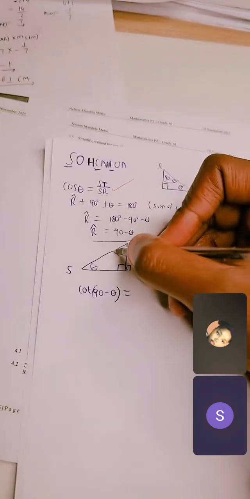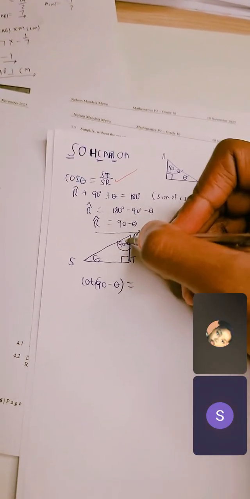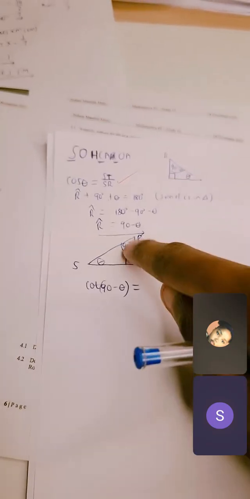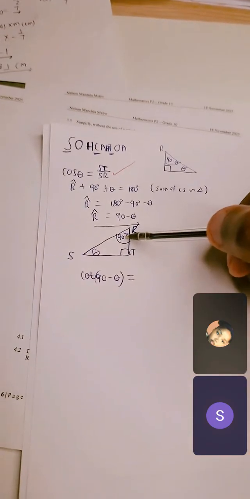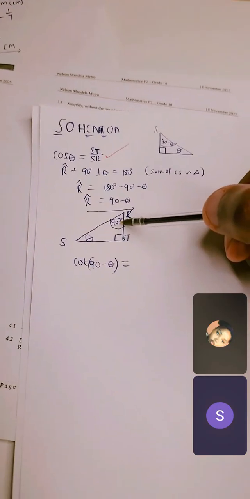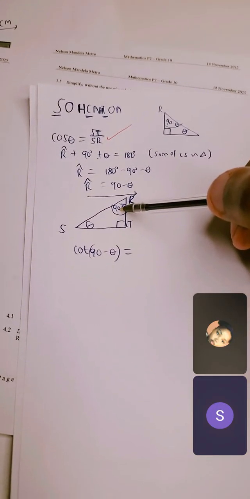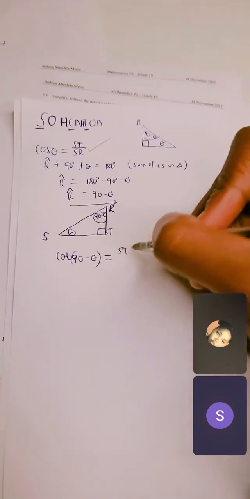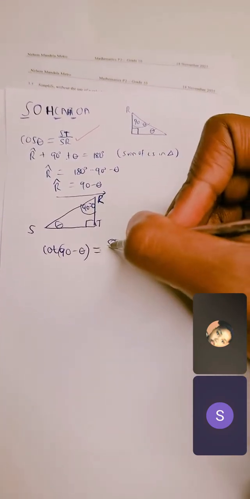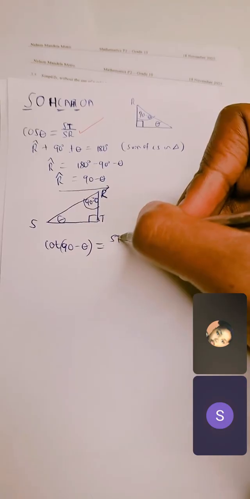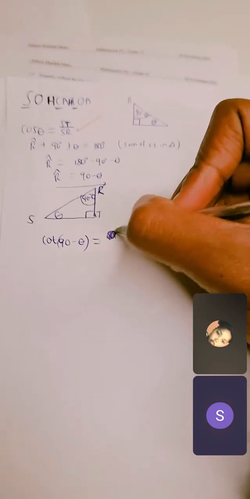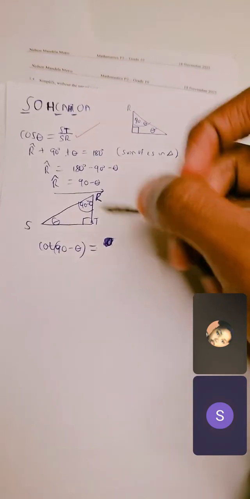My adjacent side is RT. You are looking at this now, you're not looking at that anymore, you're looking at this one. What is the adjacent and the opposite side of this one? The adjacent is RT, over the opposite, ST. Sorry, you said adjacent over opposite.